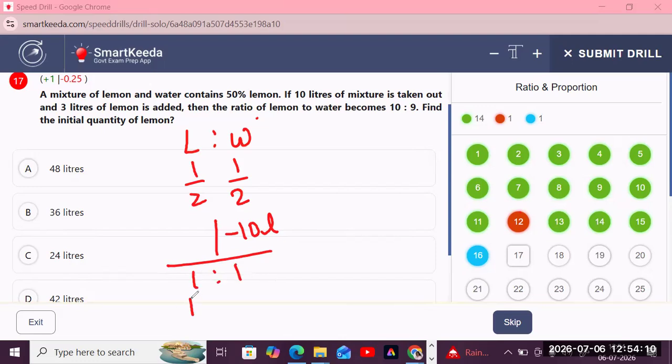And lemon is added, and the ratio of lemon and water becomes 1:9.